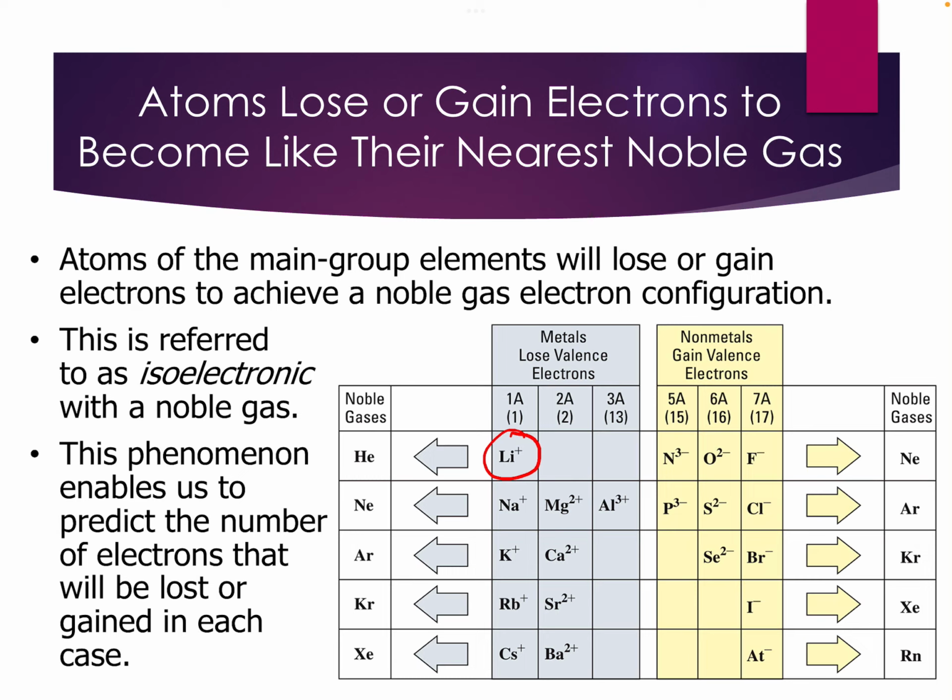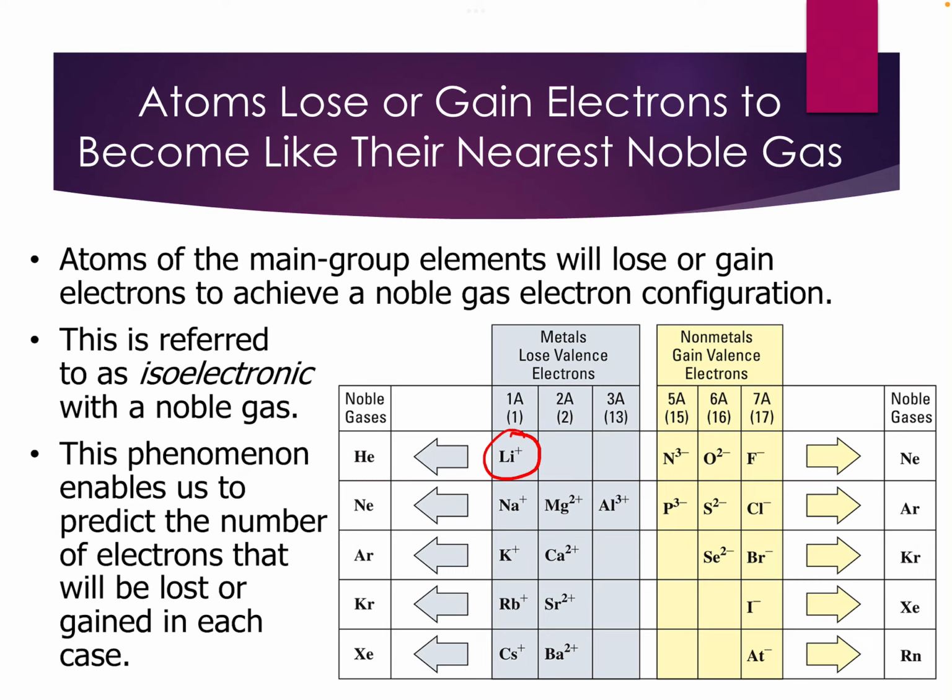So they will lose their valence electrons to become like neon. The reason these atoms want to be like a noble gas is because noble gases have 8 valence electrons. Okay, they have what's called a complete outer shell or a complete octet. So these atoms want to lose electrons to be just like the noble gases and also have 8 valence electrons.